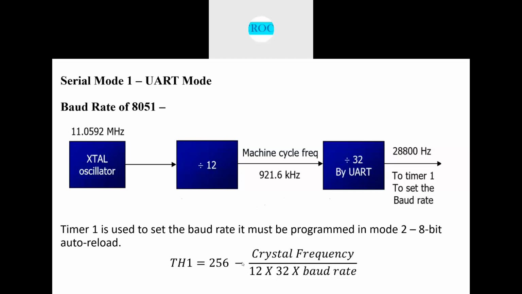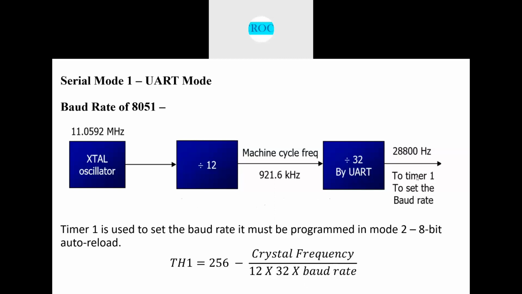Now how do you calculate the initial count value to be loaded into the higher byte register for a given baud rate? This is given by the equation: TH1 = 256 - (crystal frequency / (12 × 32 × baud rate)).